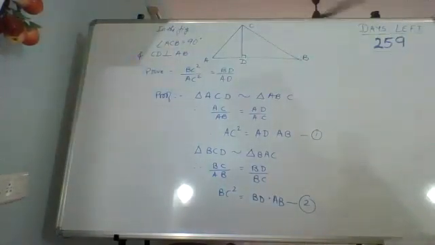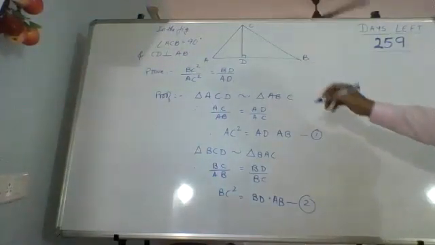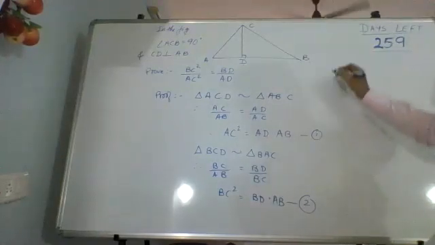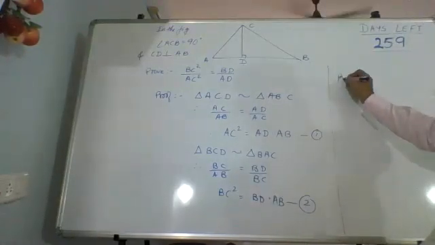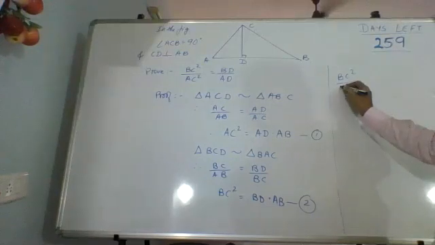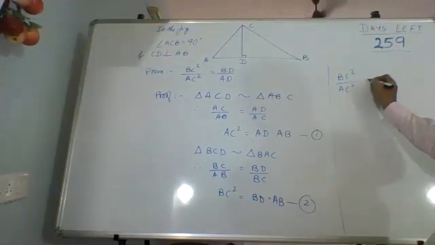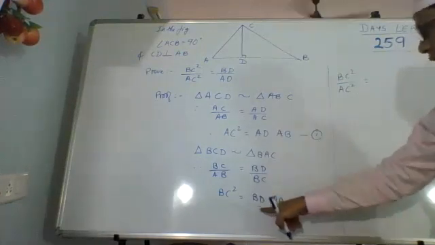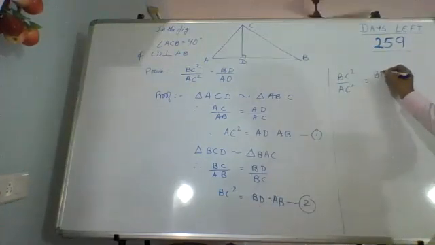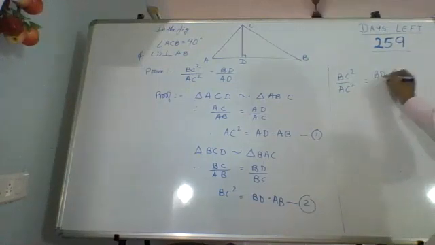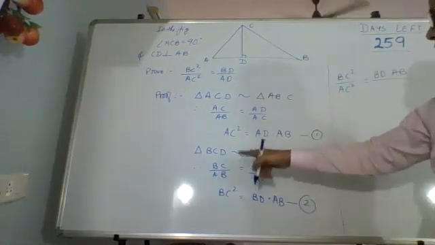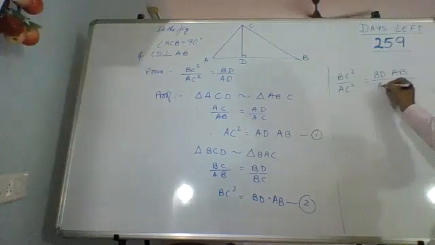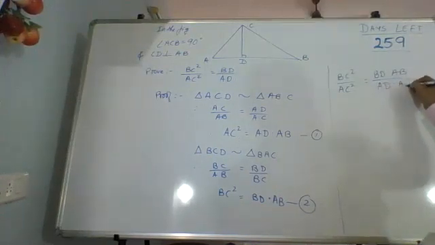Okay. So now what do we want? BC square upon AC square. So BC square upon AC square equals, in place of BC square, BD dot AB, upon AC square, which is AD dot AB.